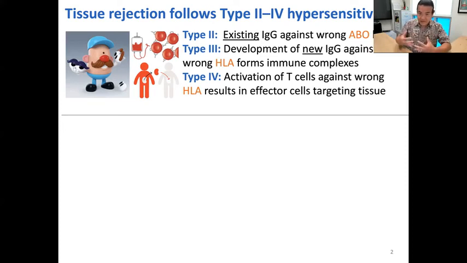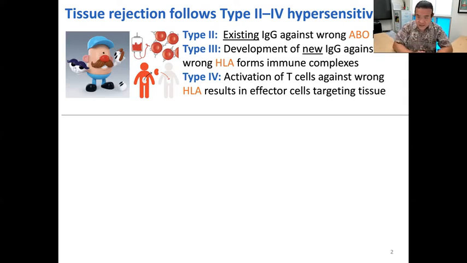But it would never have the reason to tolerate or be okay with a foreign HLA type, right? And so that can lead to rejection of the tissue within days or weeks following transplantation.